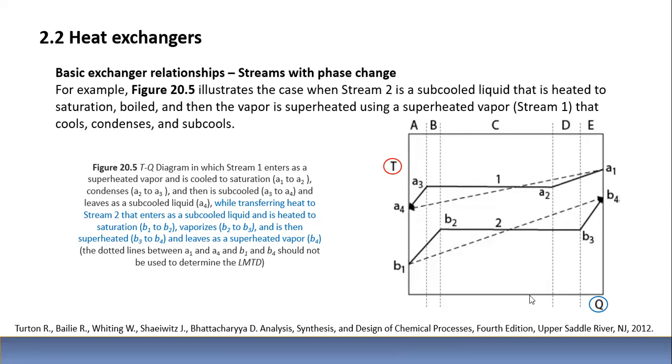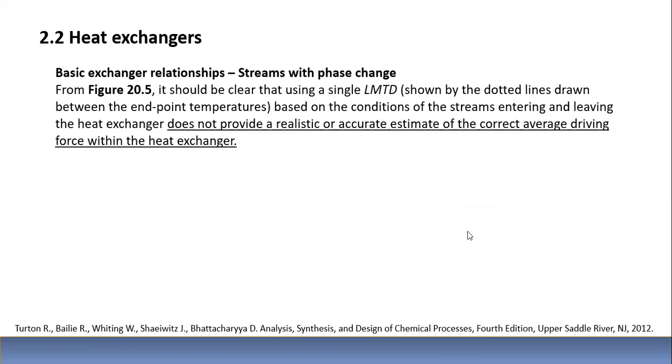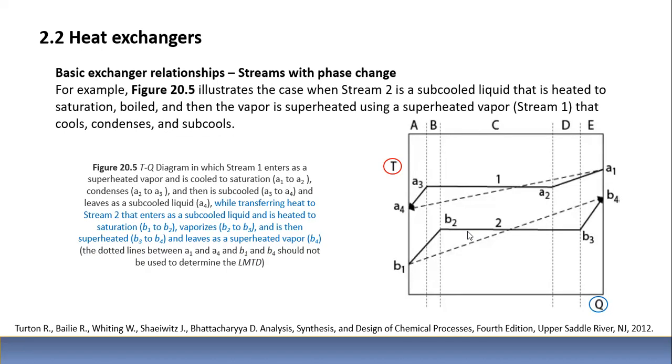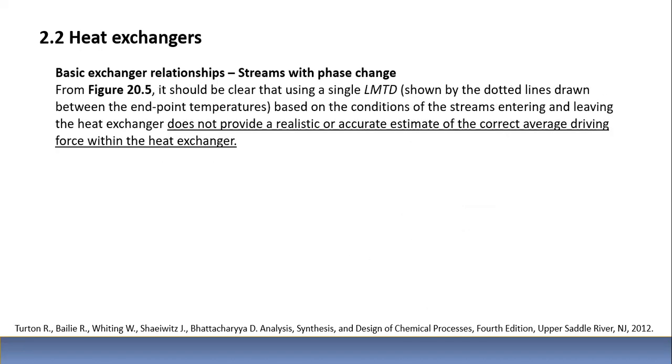And likewise, if you do a temperature difference between the same two, superheated stream and subcooled liquid of the second stream, you also have a significant error in your calculation. From figure 20.5, it should be clear that using a single LMTD, LMTD is logarithmic mean temperature difference, as we know, so instead of repeating that every time, I would just say LMTD.